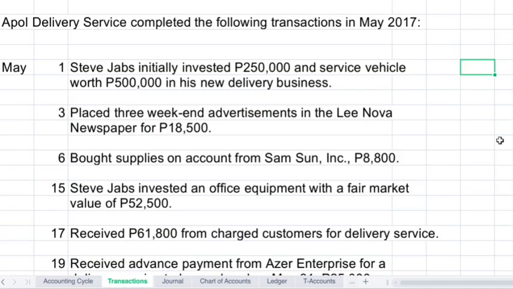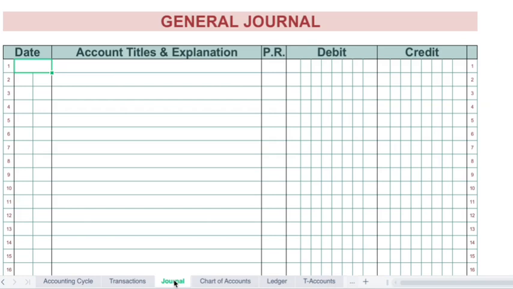I have here an example of transactions for Apple Delivery Service in the month of May, year 2017. These are the identified business transactions of Apple Delivery Service. The second step after identifying the transactions is to record them on the journal.